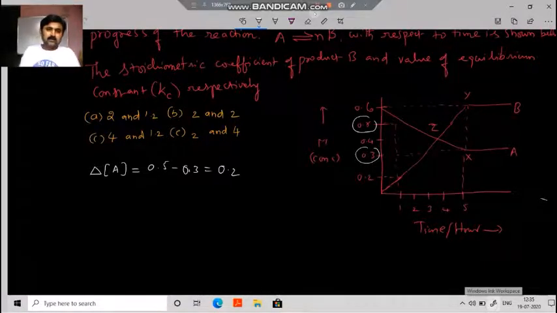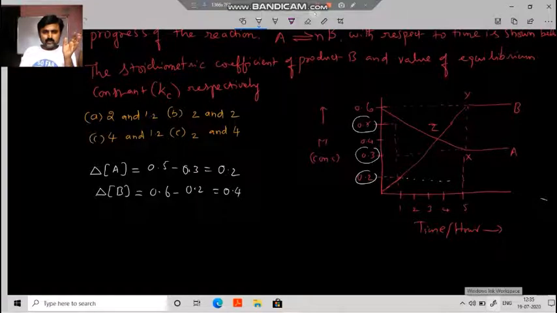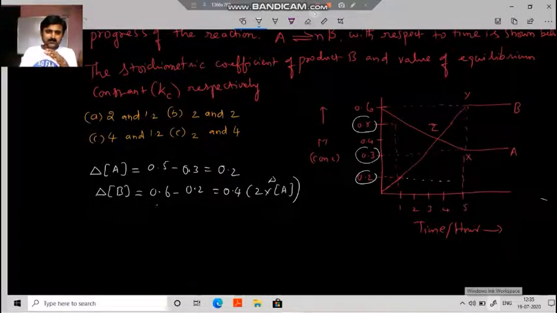Coming to the concentration of B, at 1 hour it is 0.6. At 5 hours, it is 0.2. So the answer is 0.4. It indicates that it is 2 times the change in concentration of A. So the n value is 2. That is very clear.